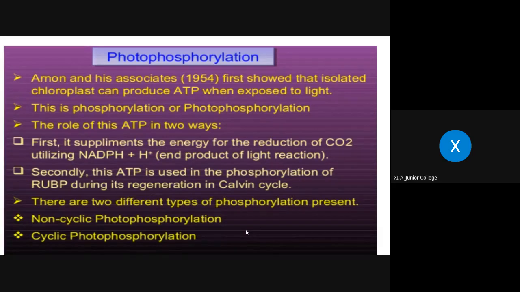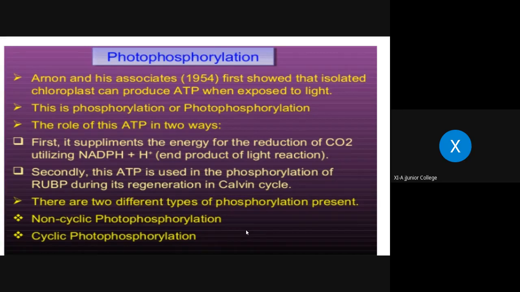Now we are going to study what? Photophosphorylation. Try to understand the meanings of all these words. Photon generally means light. Phosphorylation is the addition of phosphates, in the presence of light, which gives rise to ATP. That means ATP synthesis is done using ADP plus one more inorganic phosphate.